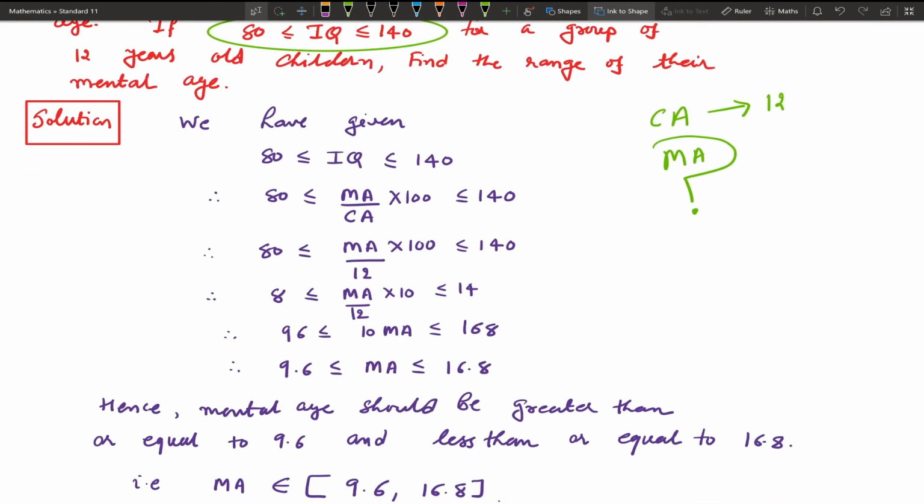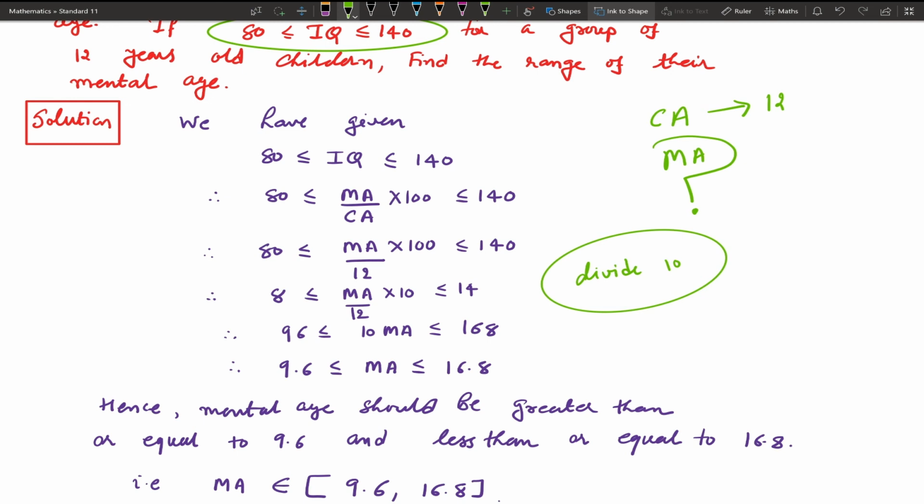So 80 less than or equal to MA upon 12 into 100 less than or equal to 140. Divide by 10. Here first you divide by 10 throughout. So 8 less than or equal to MA upon 12 into 10 less than or equal to 14. Now multiply it throughout by 12.